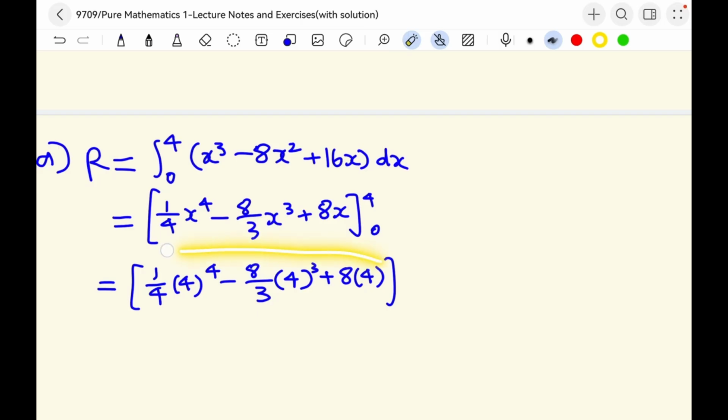So now let's calculate the boundaries substituted inside the function that we have integrated. Use your calculator to calculate it. Of course, each calculator has the integral function, but it only supports the definite integral.